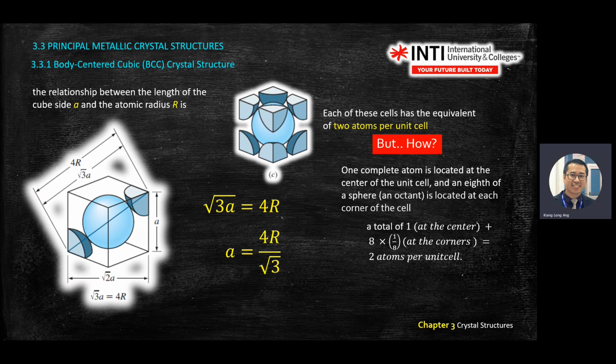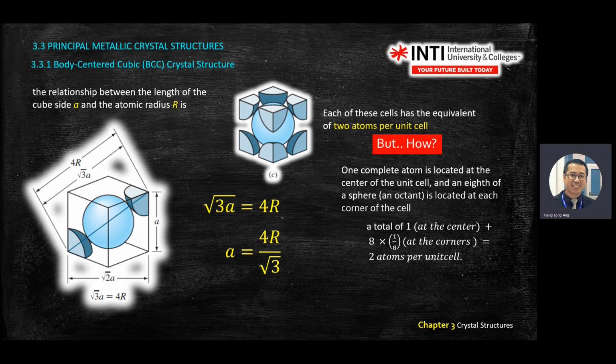For BCC, your A to R relation is A equals 4R over square root 3. This is the first important equation for BCC, and you need to at least understand how this one comes from.